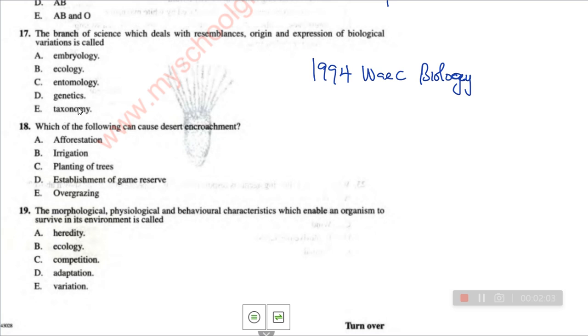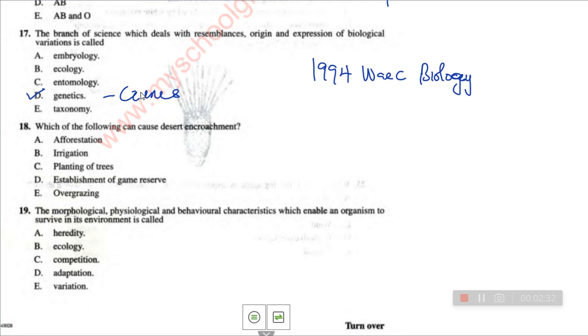So if you ask us here, the branch of science which deals with resemblances, origin and expression of biological variation, the answer is genetics. That's where we talk about the genes, sex-linked characters, all the variations, the origin, the pedigree trees, everything that has to do with genetics.